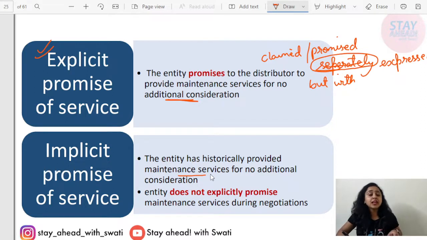At times Hyundai gives you 2-year guarantee, 2-year maintenance services free, next 4 services free. If such is the case, then this is implied due to past business customary practices. So if expressly told, then this is explicit. If not told but deemed, then this is known as implicit.